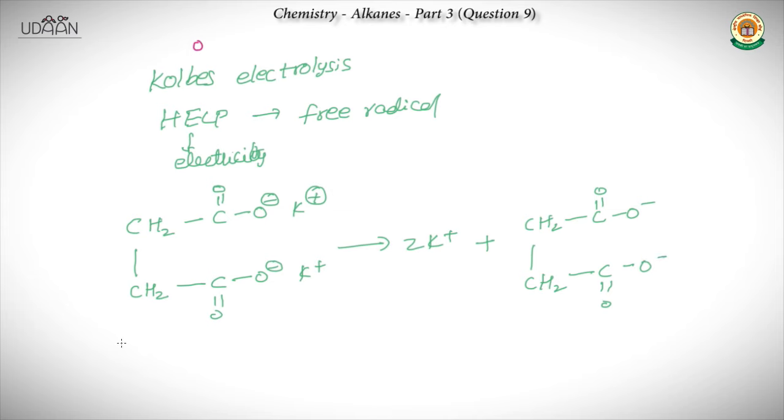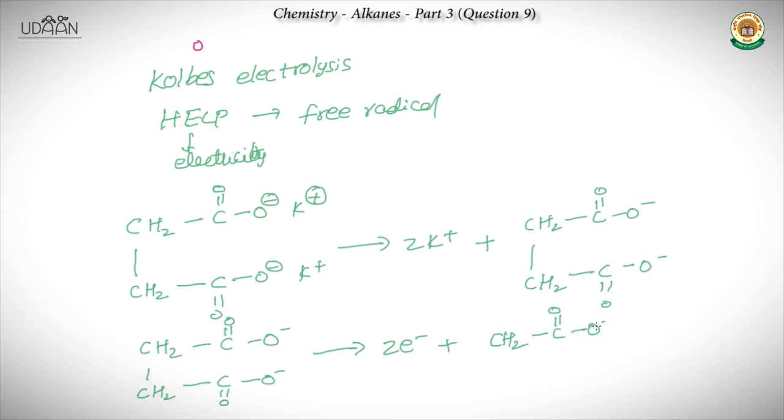Now at the anode, what happens is this loses electrons and you'll get a radical, a biradical it is, since there are two radicals on the same compound.